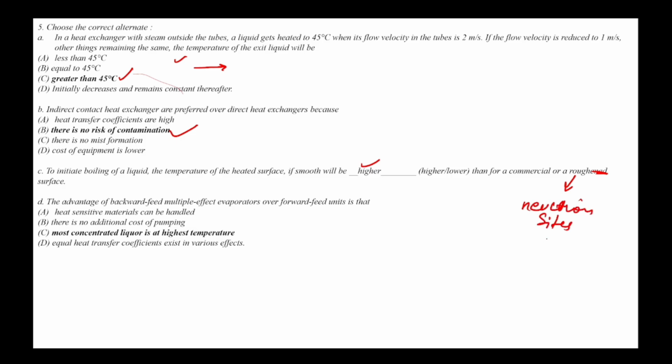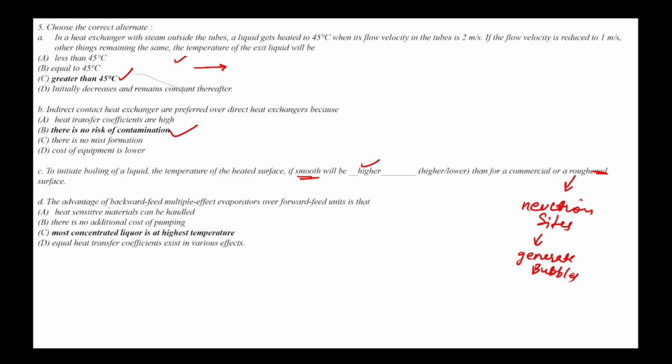These nucleation sites generate bubbles, and these bubbles move from one place to another and transfer the heat. But in a smooth surface, the temperature of the heated surface will be higher because there is no nucleation site present. So we need a higher temperature if the surface is smooth.